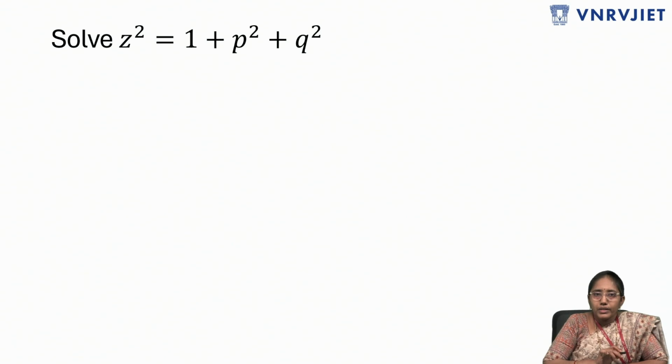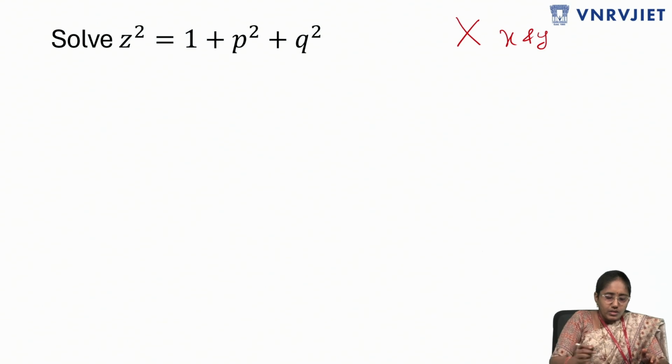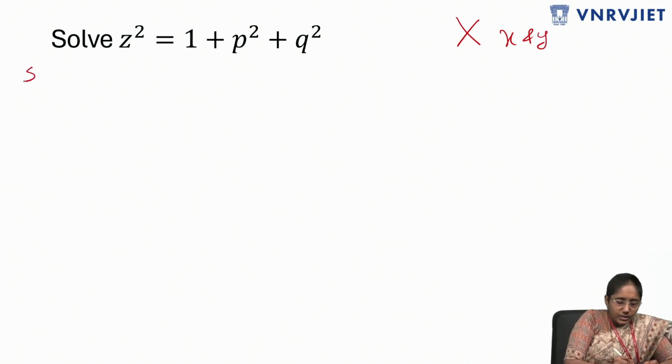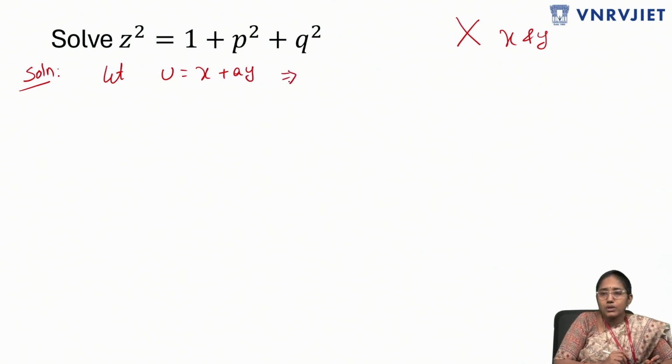Here observe, in this example, it has only z, p, q. It does not have x and y. So we can apply this method. In this method, let us consider u = x + ay, as we discussed just now.